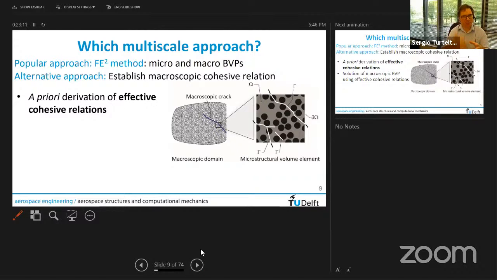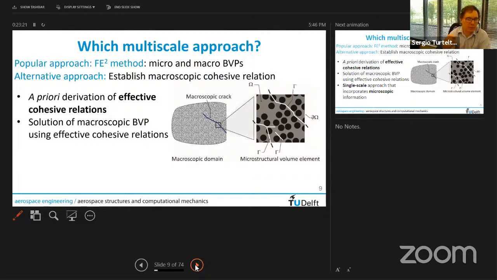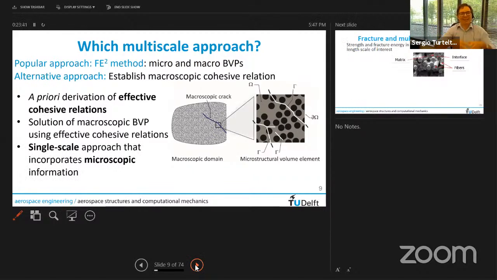Then, by solving a series of boundary value problems, we can extract the information through post-processing. So when it comes to solving a macroscopic problem, instead of always going back to the microstructure, I solve this once and for all at the microscopic level, establish an effective cohesive relation, and then use that as a single scale approach. In a sense, it is a single scale approach that incorporates the microscopic information through the constitutive relation, the cohesive relation.